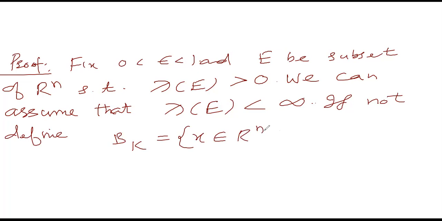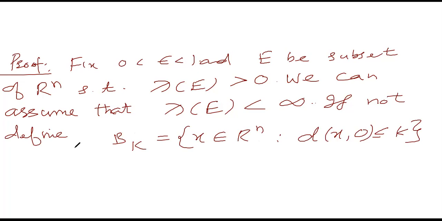closed bounded subset of Rn. Actually, a ball with center at 0, the set of x with distance from 0 to x less than or equal to k, where k is any positive integer. So B1 is distance less than or equal to 1, B2 less than or equal to 2, and so on.